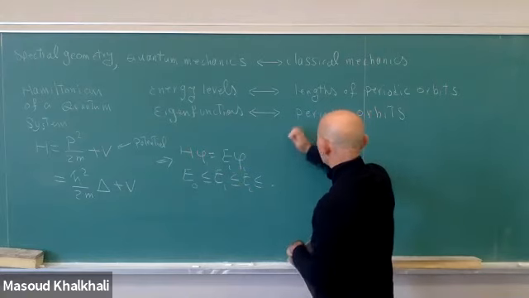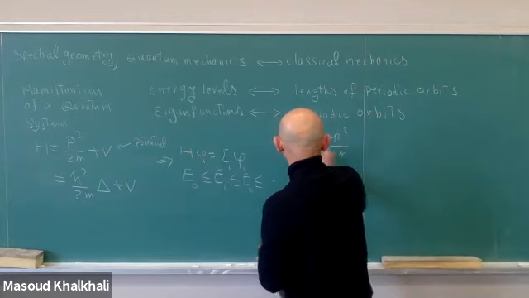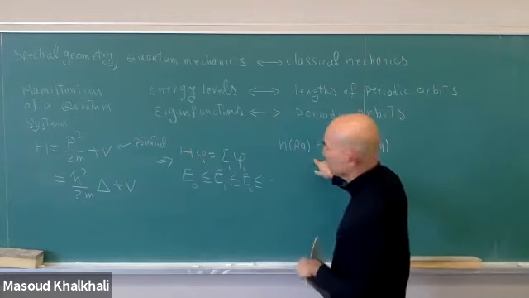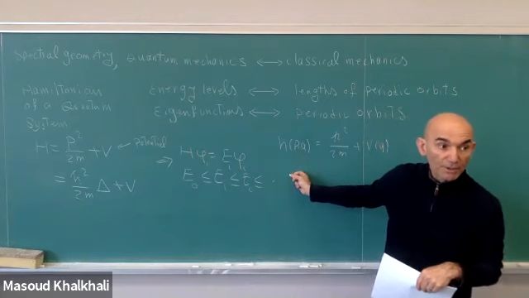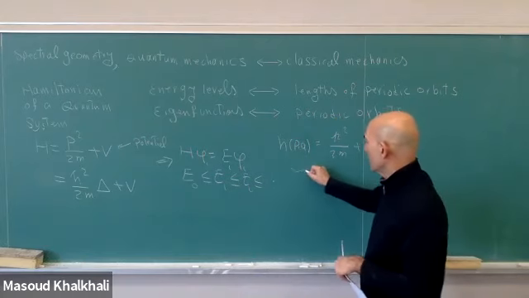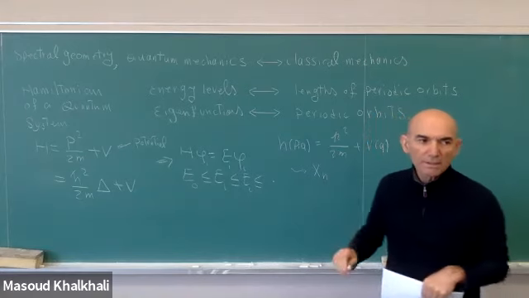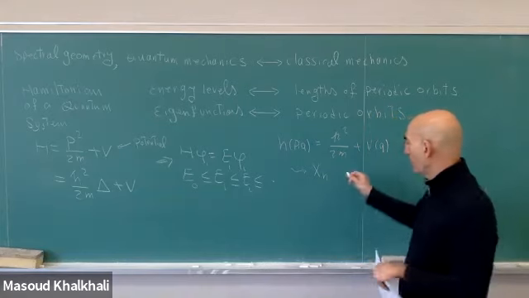So this is like H of p and q, plus V of q. Now this time, this is a Hamiltonian function in classical mechanics on the phase space, right? As you know, it gives you a vector field, a Hamiltonian vector field. And then this gives you a one parameter flow.